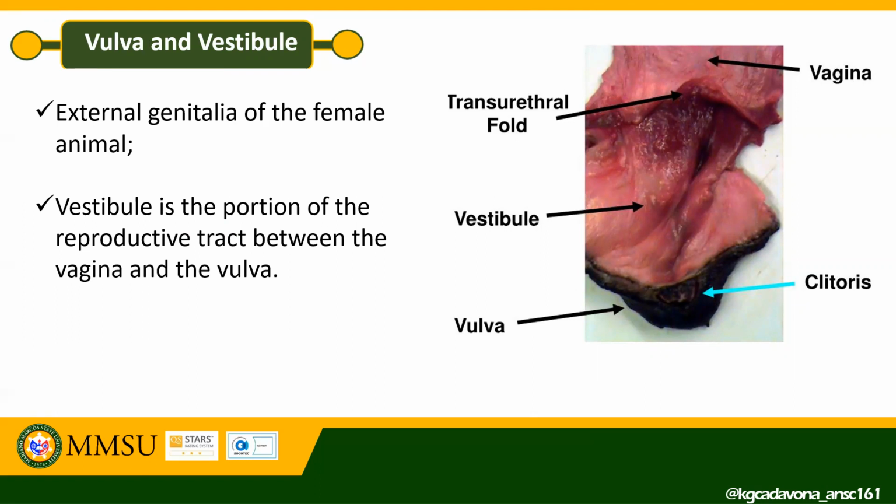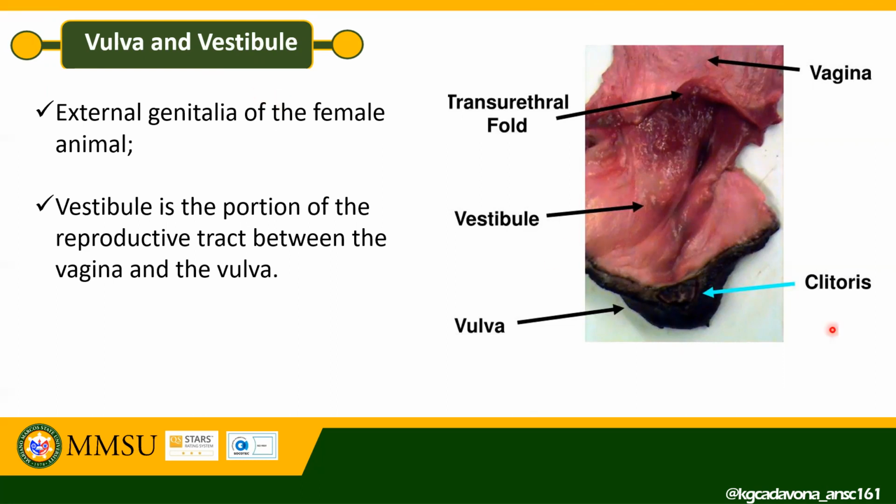Kasi it's very common for us, even when you were in first year or sa mga previous na ANSI subjects ninyo, palaging sinasabi ng teacher ninyo na one of the detection methods pag in-heat yung animal ay titignan nyo lang yung vulva. Okay?